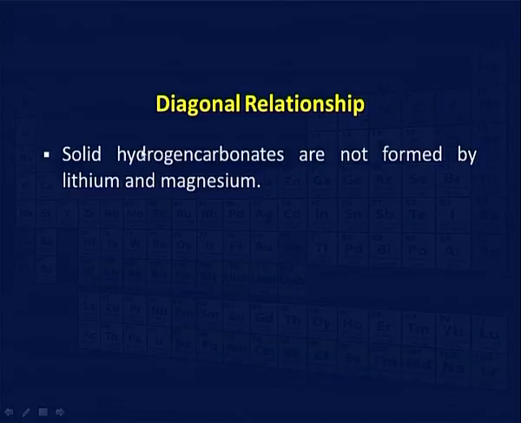You cannot get lithium hydrogen carbonate, whereas sodium hydrogen carbonate is very much present, we know that. Potassium and cesium can also form it, but lithium and magnesium do not. Hydrogen carbonate is MHCO3, where M is the metal; lithium will not be there, of course, others will be.